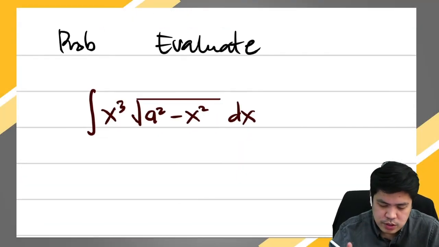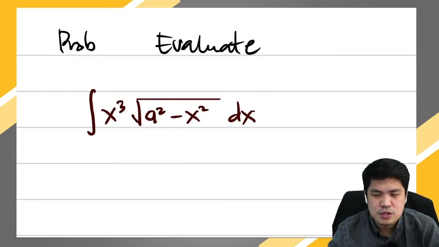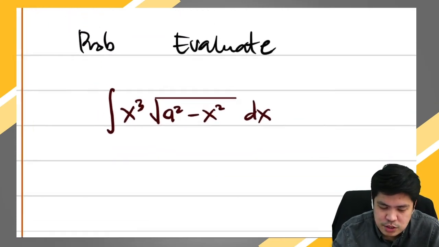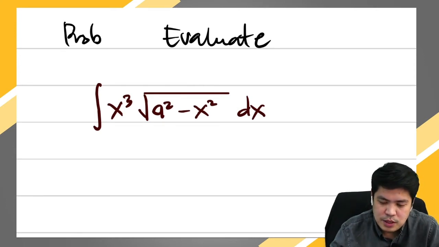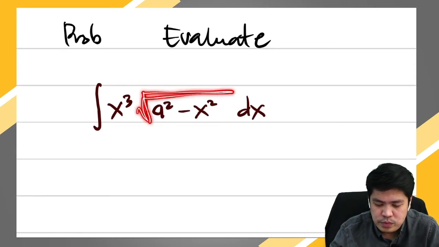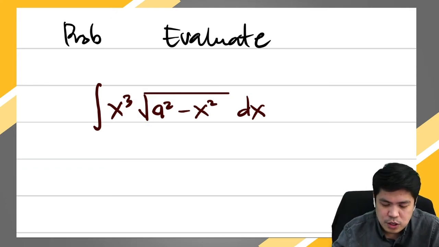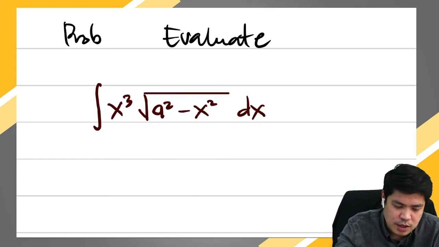Okay, let's take this next problem. Let's evaluate this integral of x cubed times the square root of a squared minus x squared dx. To solve this problem, we just need to identify the part of the problem that makes it complicated. Of course, that would be the radical sign. Parang yun ang papakomplicate sa kanya. So how about if we substitute another variable to represent that factor that contains a radical sign.